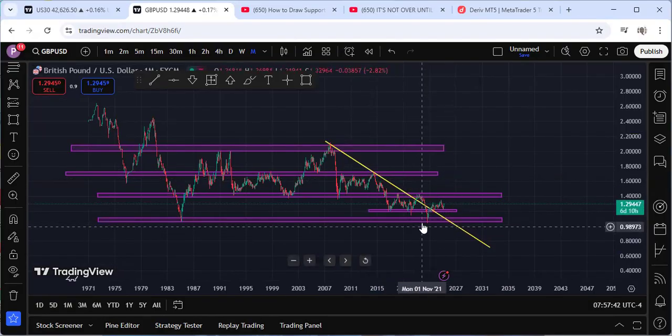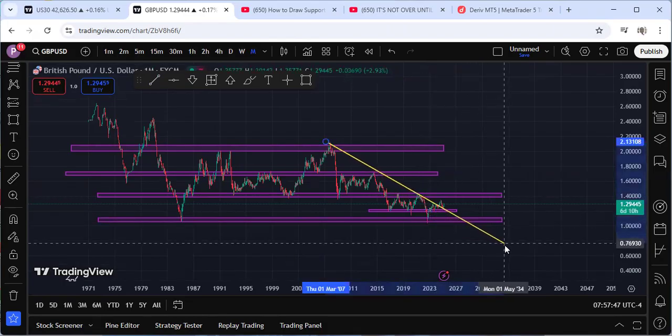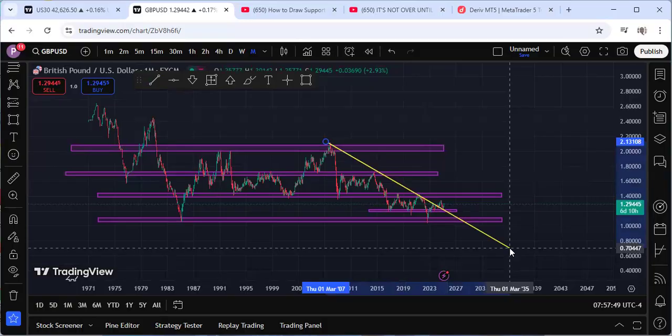You can see clearly that the market broke out. The market broke out. Let me even put it here. The market broke out and retested.